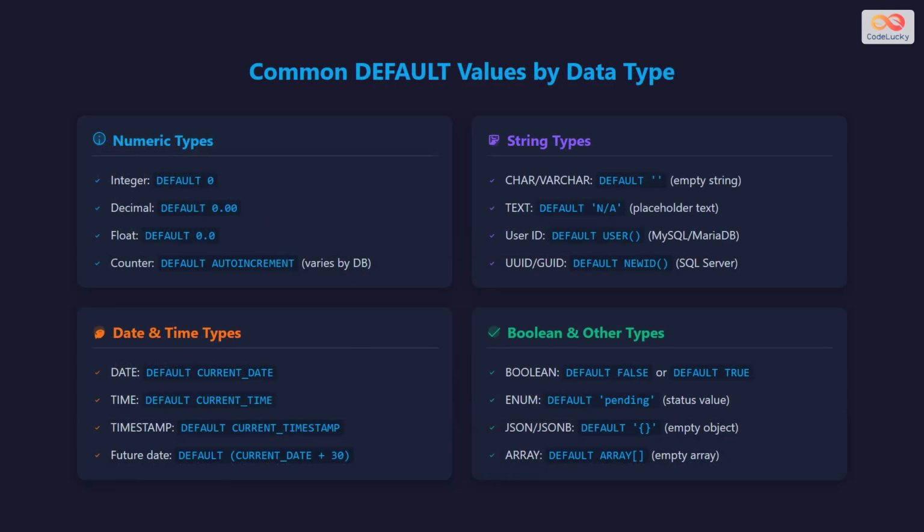Here are some common default values by data type. For numeric types, integer has a default value of 0. Decimal has a default value of 0.00. Float has a default value of 0.0, and counter has a default value of autoincrement. For string types, char and varchar have a default value of empty string. Text has a default value of not applicable, which is a placeholder text. User ID has a default value of user in MySQL and MariaDB, and UUID/GUID has a default value of new ID in SQL Server.